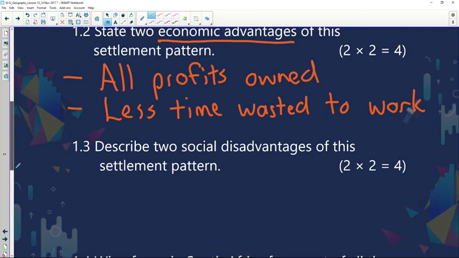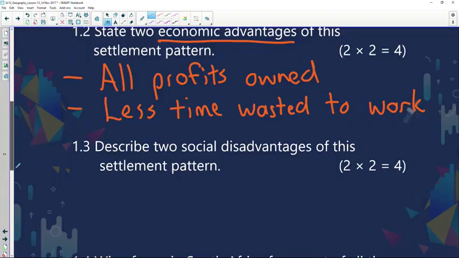So for instance, let's say you've got a normal job, your job is in the CBD. Every single day you need to travel to the CBD and back to your house. In the case of an isolated farmstead, you wake up and your workplace is right where you basically wake up. So you don't need to travel a great distance to get to work and back.